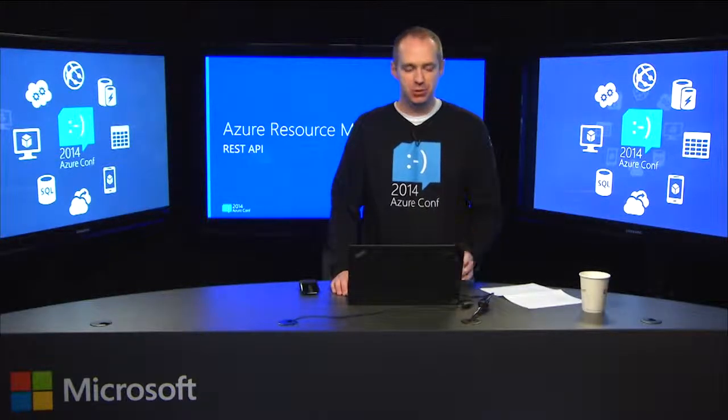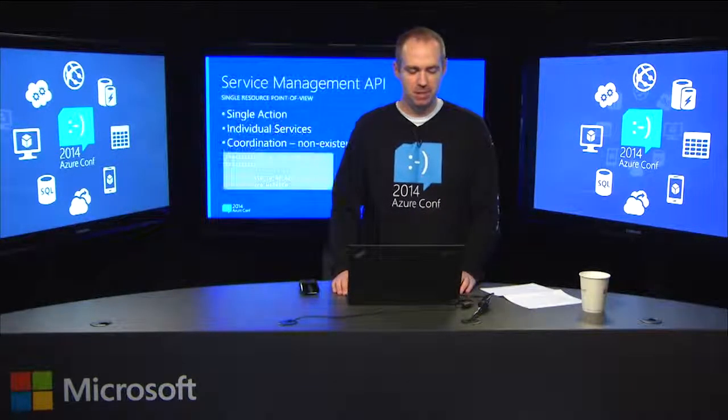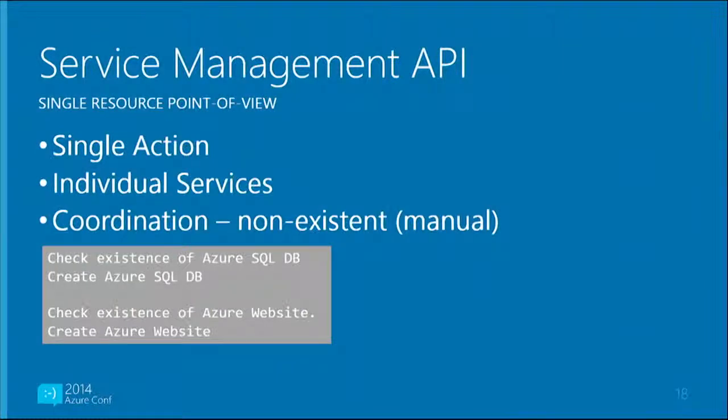So let's get into the Azure Resource Manager and look at the REST API. And I think before we talk about how that works, it's important to kind of contrast the new API with how the current service management API works. And again, everything is a single resource point of view. So we take actions on individual resources, right? I look at a website or a VM, I take an action on that website or VM, and there's not really a way to coordinate action between those.